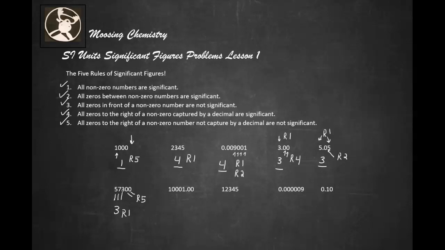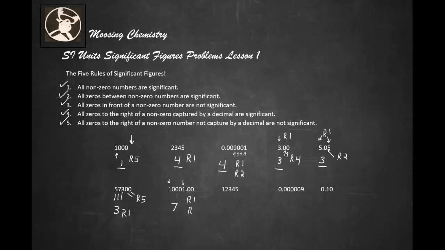Okay, so let's count the number of sig figs in this next one. This looks like 10,001. Okay, there is 1, 2, 3, 4, 5, 6, 7. There are 7 sig figs in this. Okay, for a lot of reasons. Rule number 1 states that all non-zeros are significant. So these 1s are significant.